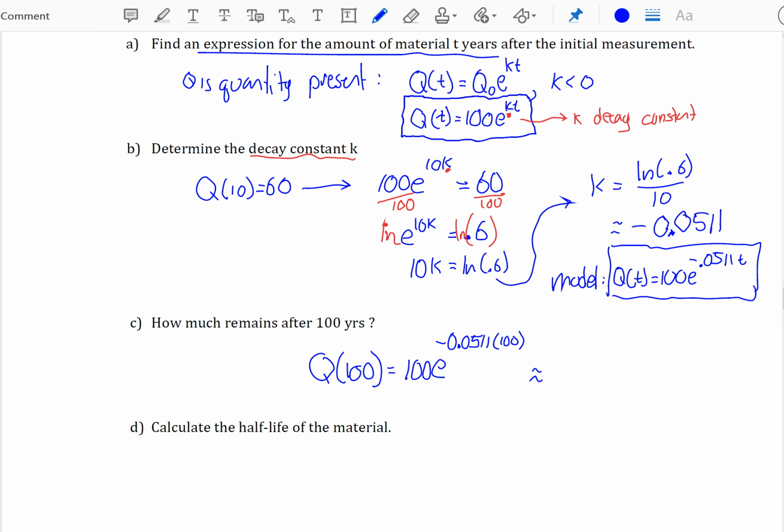I'm grabbing my calculator so I can evaluate this. And I get 0.604 grams is how much of this radioactive material is left after 100 years. It's decayed from an initial quantity of 100 grams to 0.604 grams.